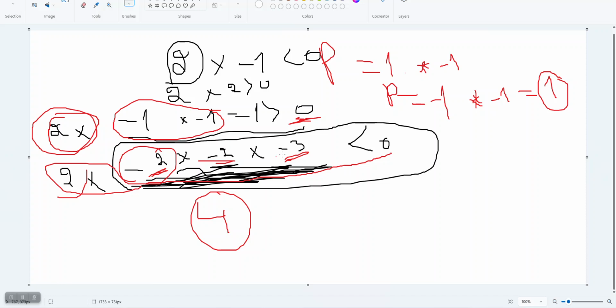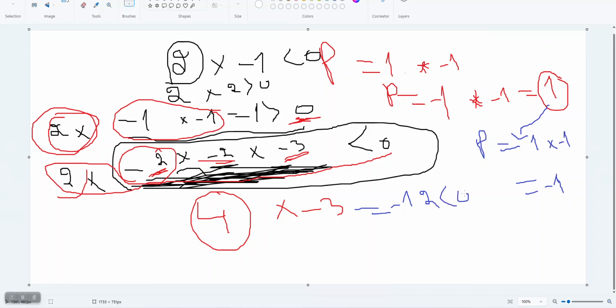Then we are going to find negative 3. We multiply the product by negative 1, so it will be 1 times negative 1, which is negative 1. So the same sign as 4 times negative 3, which is negative 12.